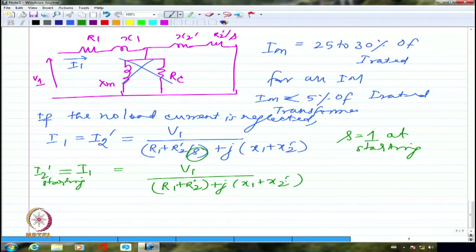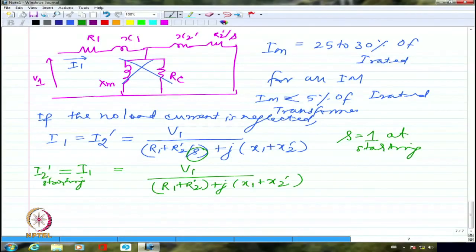R2 dash is really small for a cage induction motor, whereas R2 dash is probably not so small for a slip ring induction motor. And one more advantage I have: in a slip ring induction motor, I have brought out all the terminals.